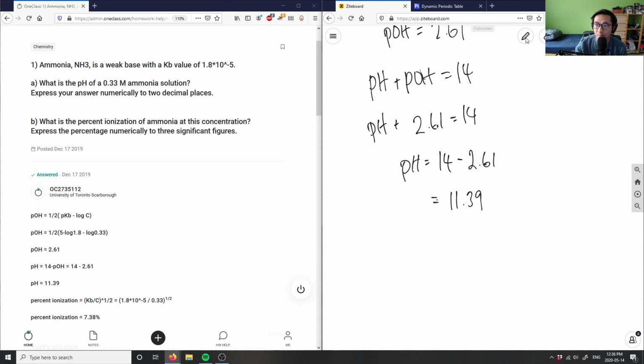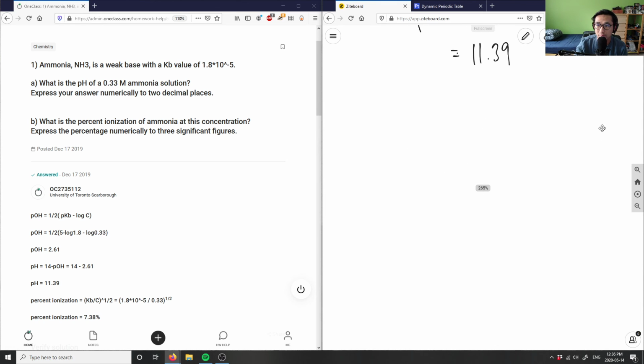And it's asking us, B here is what is the percent ionization? B here is asking what is the percent of ionization of ammonia at this concentration. Express the percentage numerically to 3 significant figures.